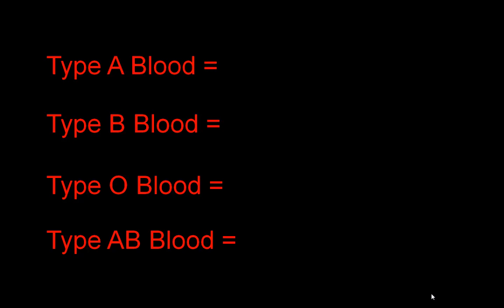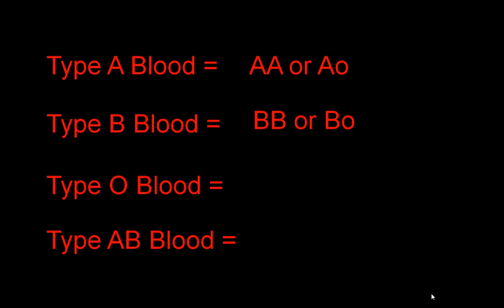Now, if we talk about someone who has type A blood, there are two possibilities for their genotype. They can either be AA or AO, right? Because O is recessive. If you have type B blood, think about that. That means you're either going to be BB or everyone's favorite BO, right?